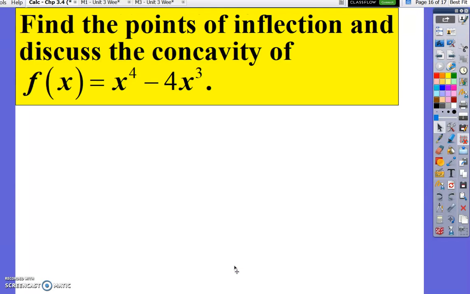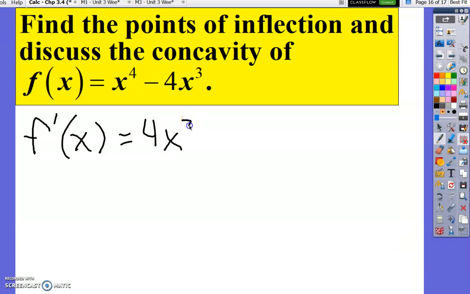So let's try it. The first thing we're going to do is take the derivative of my new function. Then I'm going to take the second derivative.